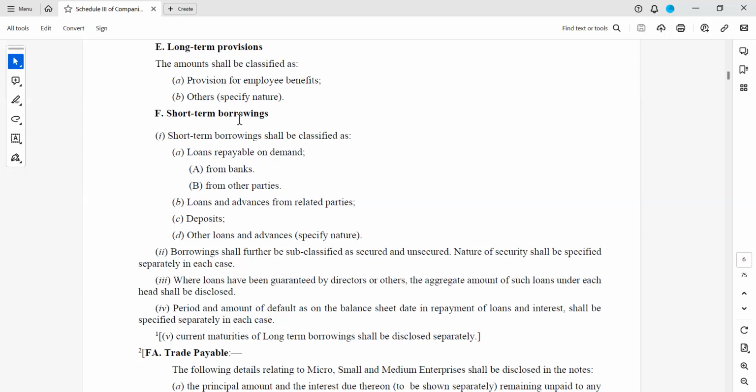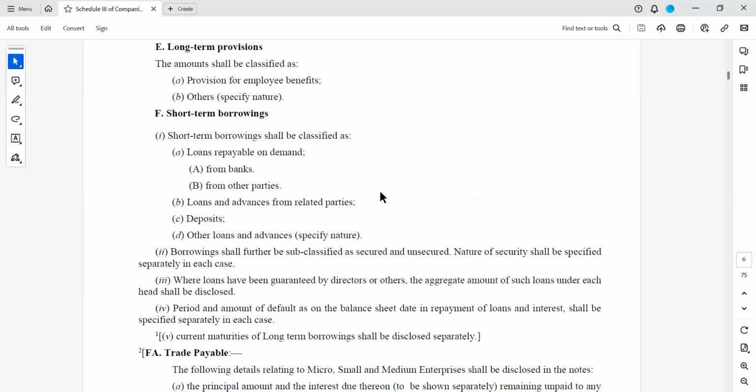Now coming to short-term borrowings. Short-term borrowings shall be classified as loans repayable on demand from banks and from other parties. This is small a under item one; b, c and d are there. B is loans and advances from related parties, deposits, other loans and advances.